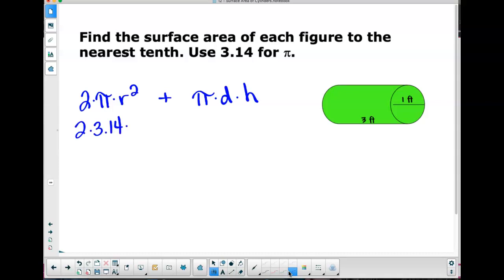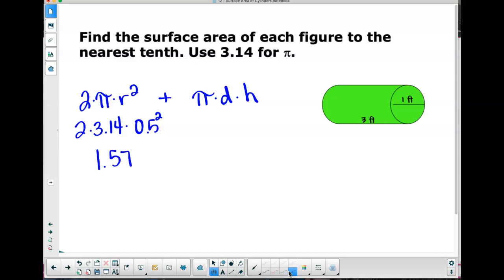What's the radius of this circle? 0.5. 0.5 squared. I got 1.57. Do you agree?